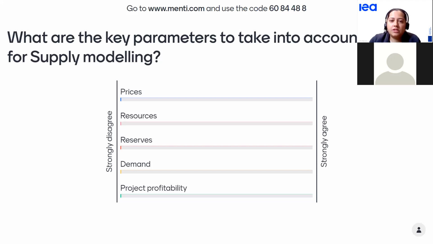So the first question is, what are the key parameters to take into account for supply modeling? Here we propose 5 parameters: prices, resources, reserves, demand, and project profitability.